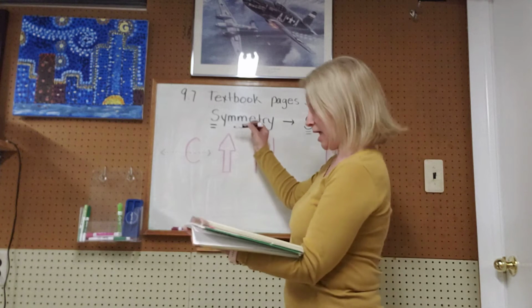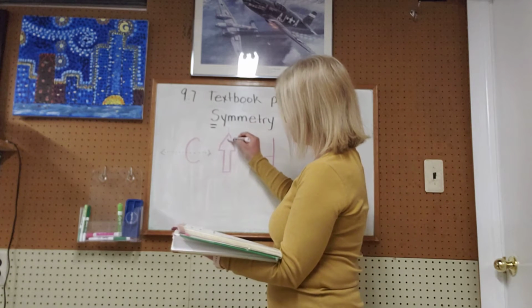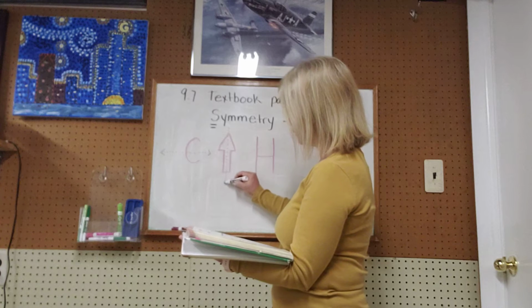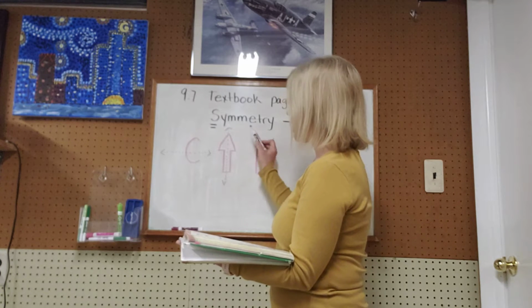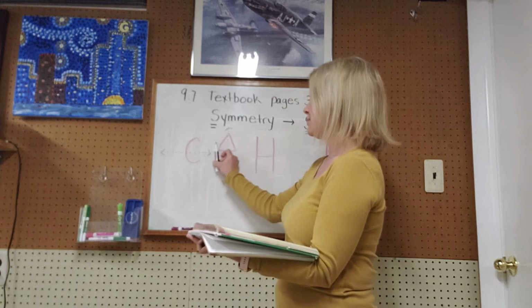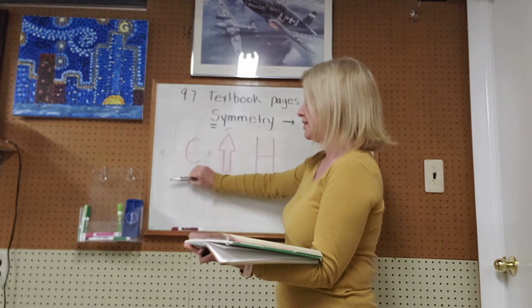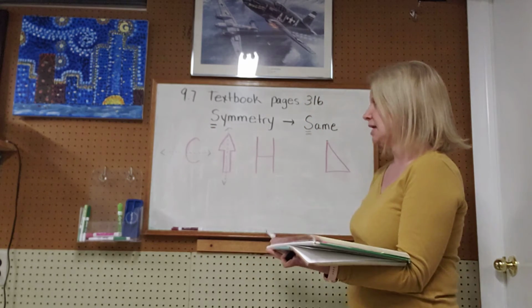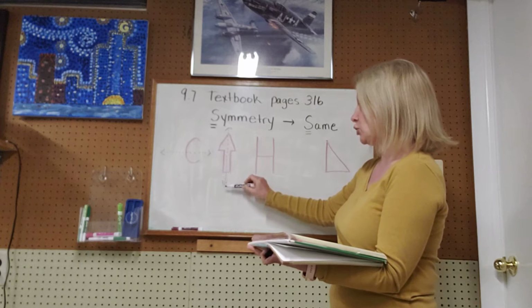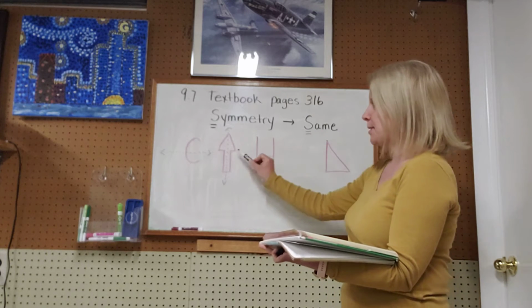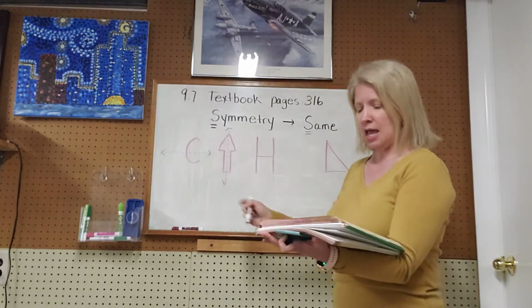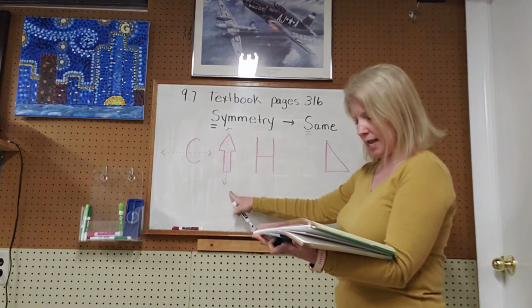If it was through the arrow right here, you're looking on both sides. Is this side the same as this side? Is this side the same as this side? Does that line of symmetry make it the same on both sides? And the answer is yes and yes.